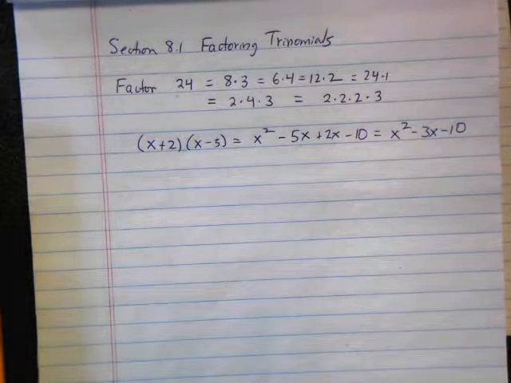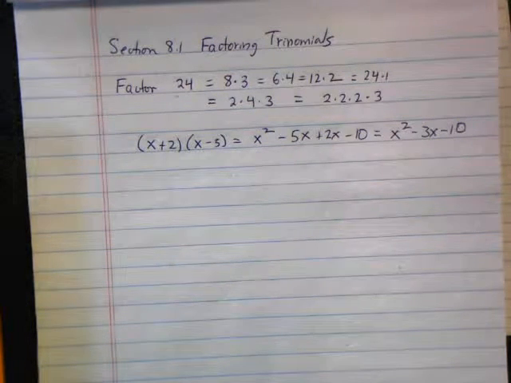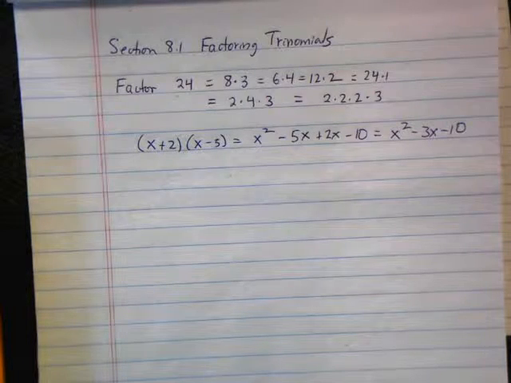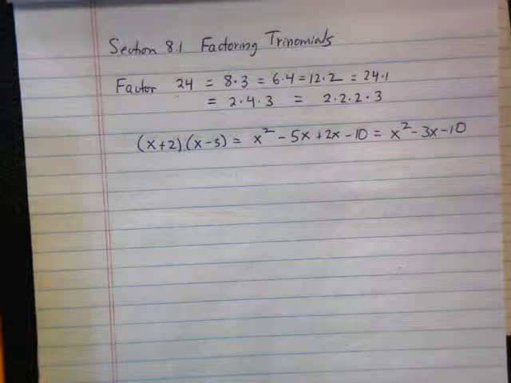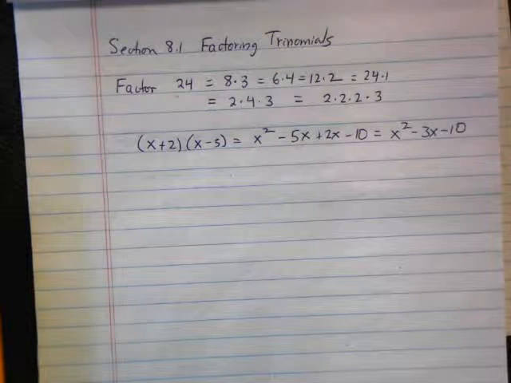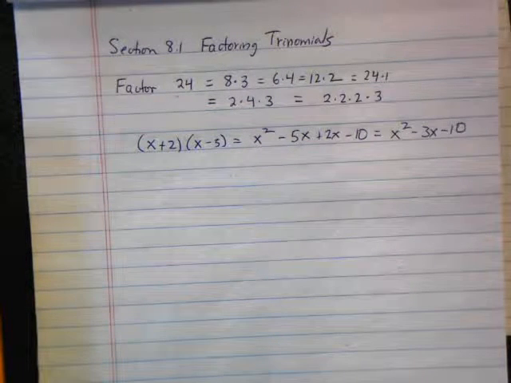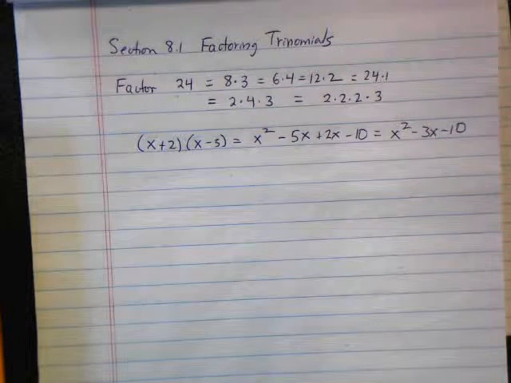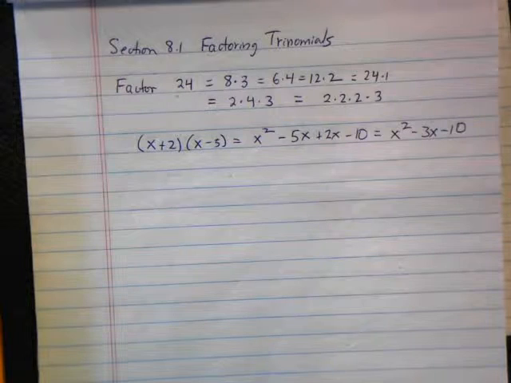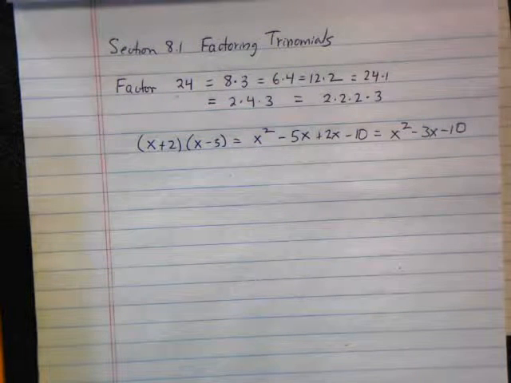In the big scheme of things, being able to do FOIL, being able to multiply polynomials, really isn't very important. So why do we teach it? Right, and then what you're really talking about is factoring.